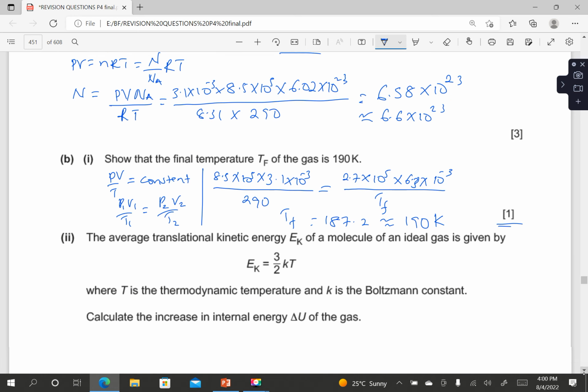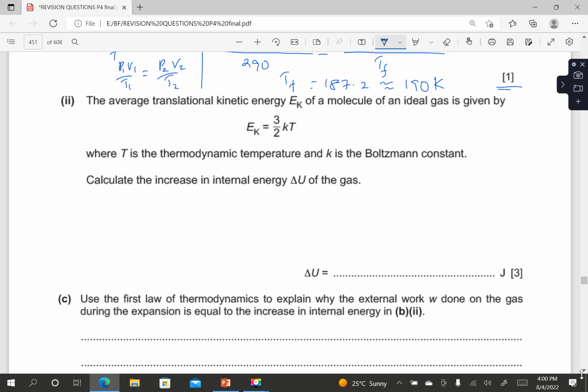You can also verify that the average translational kinetic energy, EK, of a molecule of an ideal gas is given by this expression. T is the thermodynamic temperature and k is Boltzmann's constant. Calculate the increase in internal energy of the gas.